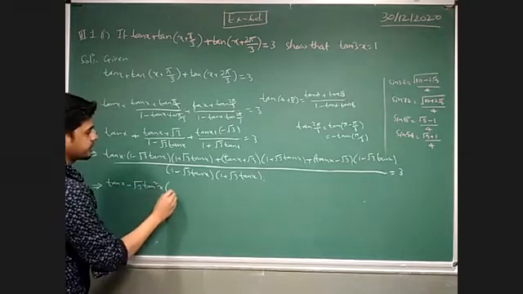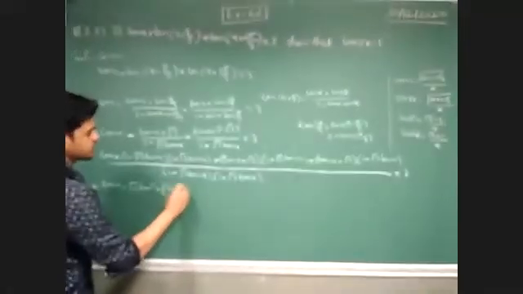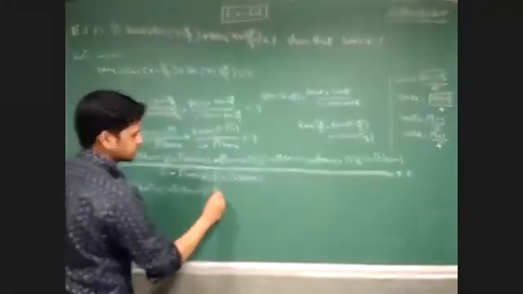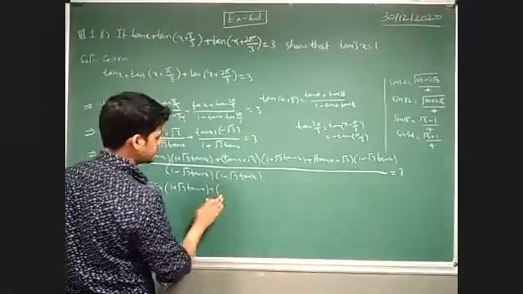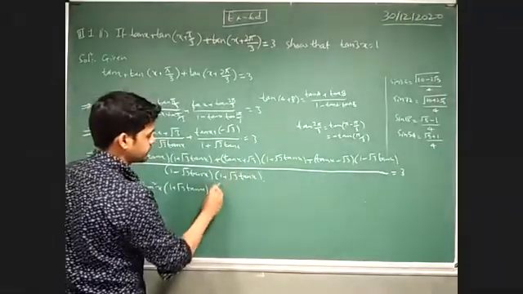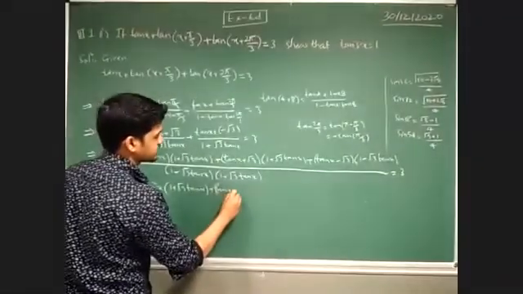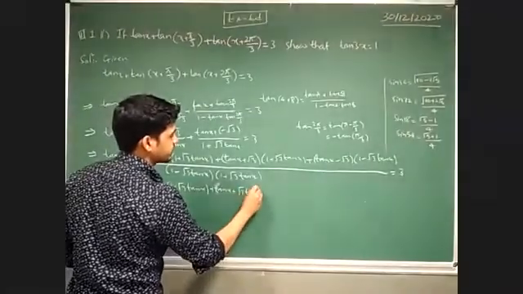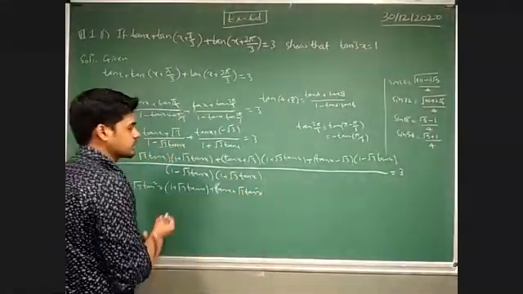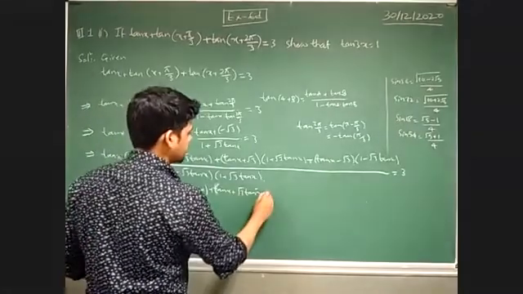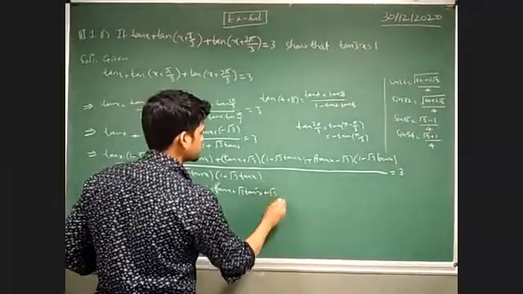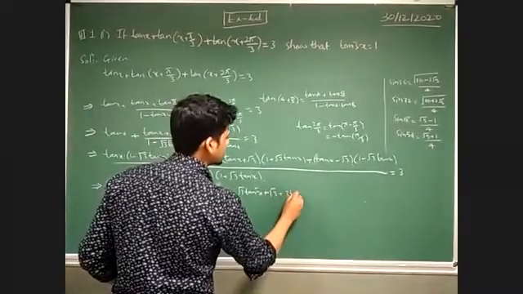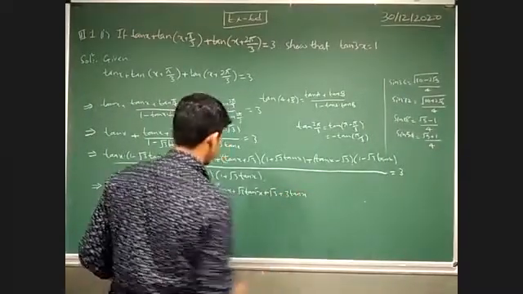Then (1 plus root 3 tan x), plus then multiply these things here, then it will be tan x plus root 3 tan square x plus root 3, then plus 3 tan x.